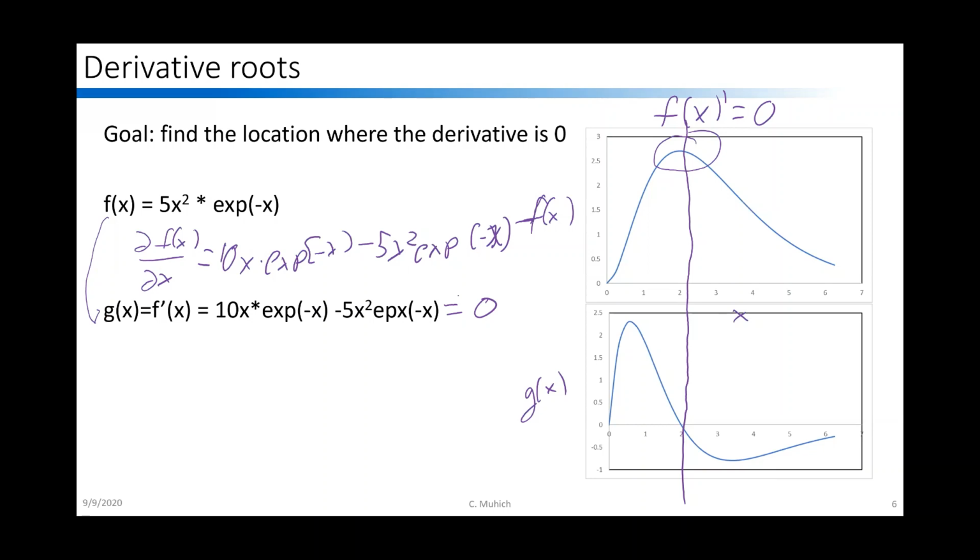So this could be anything like Newton-Raphson, bisection, false position. Any of those methods can be used to find x where g of x is 0, which will then let us know where that maximum is.